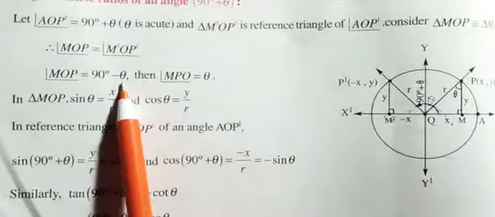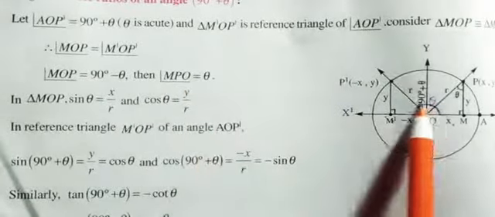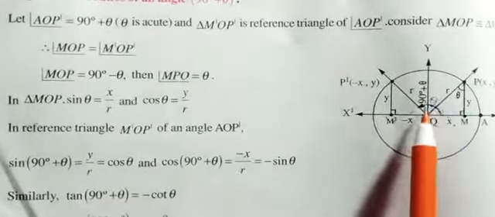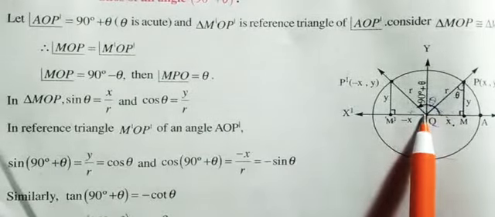Now this is 90 minus theta, then angle MPO, this angle is also theta.